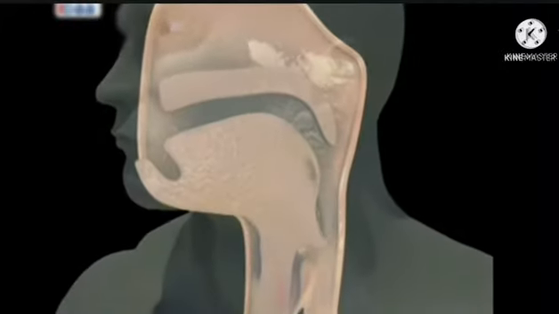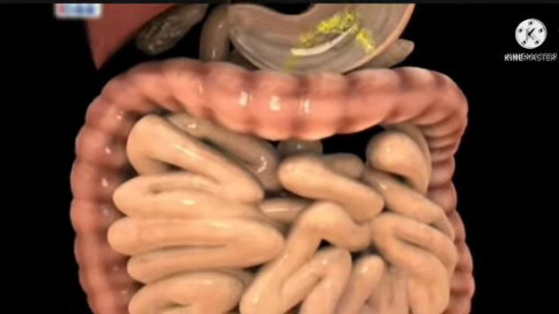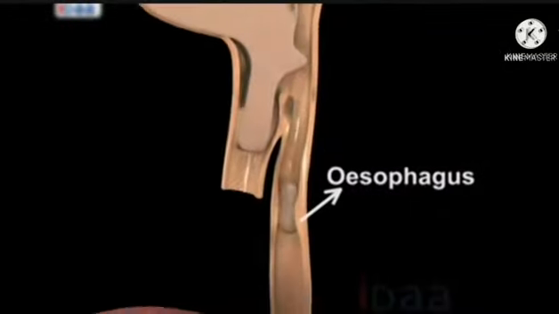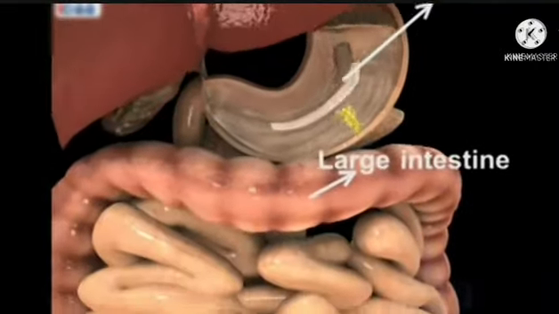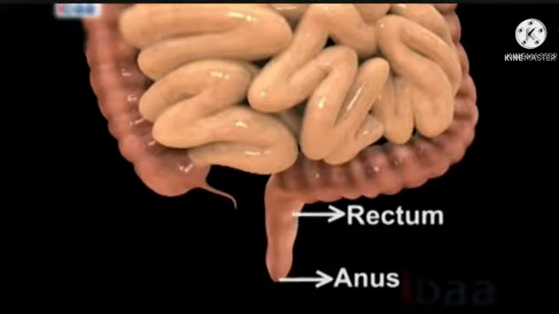Now we are going to see the structure of the alimentary canal. The alimentary canal is a continuous muscular digestive tract that begins with the anterior opening from the mouth and opens out posteriorly through the anus. It consists of the mouth, buccal cavity, pharynx, esophagus, stomach, intestine, rectum and anus.